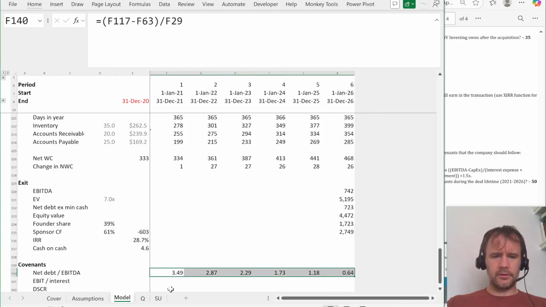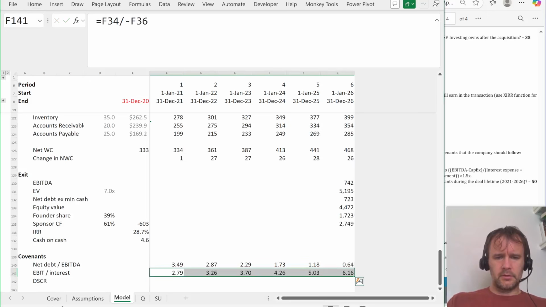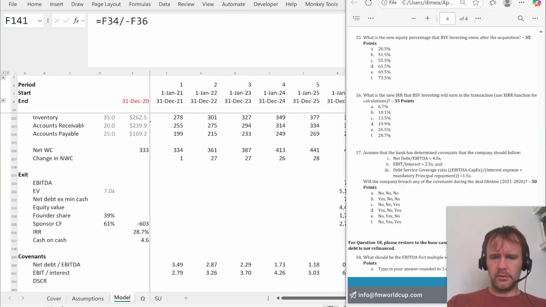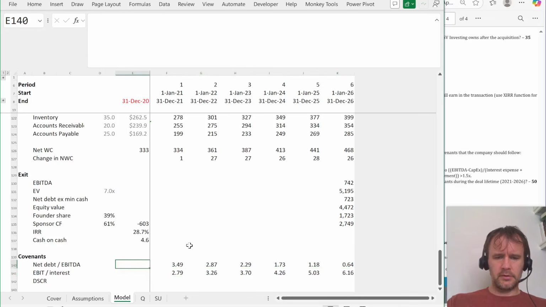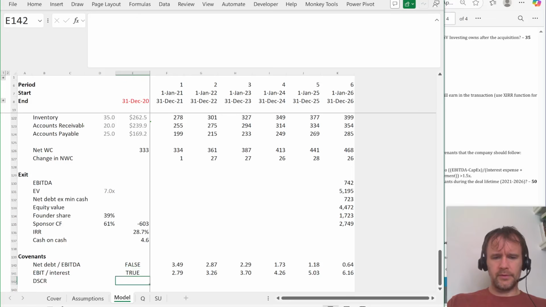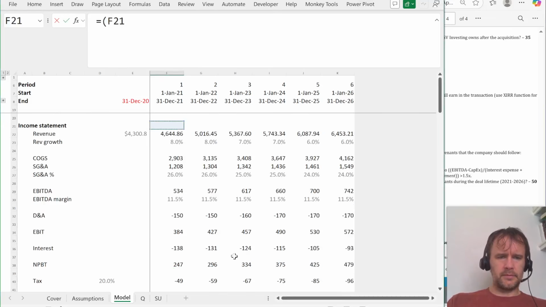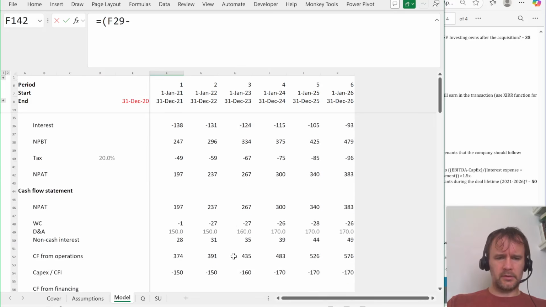Okay, EBIT over interest has to be greater than 2.5, so EBIT presumably over interest expense, not over cash interest. Oh boy, greater than 2.5, so yes, that is breached. This is greater than 4, that is greater than 2.5, and what's the last one? 1.5. Debt service coverage ratio is EBITDA minus capex over interest expense plus mandatory principal repayment. Okay, EBITDA minus capex.